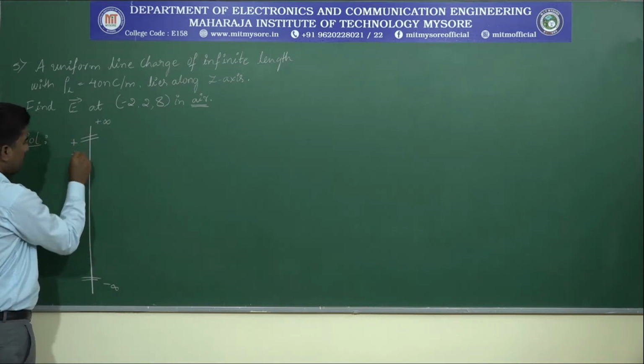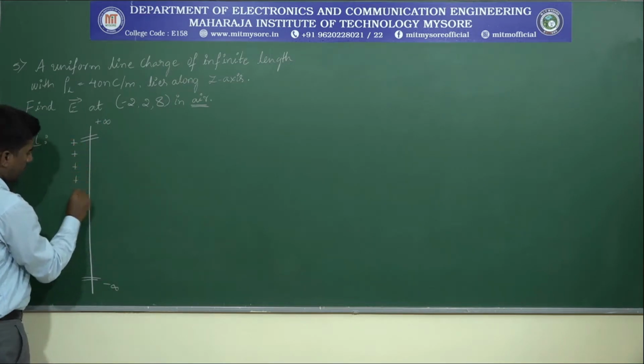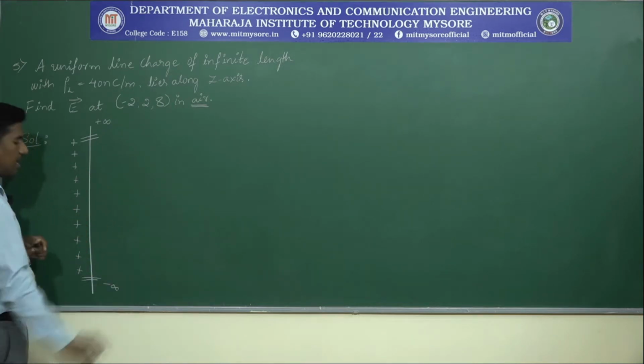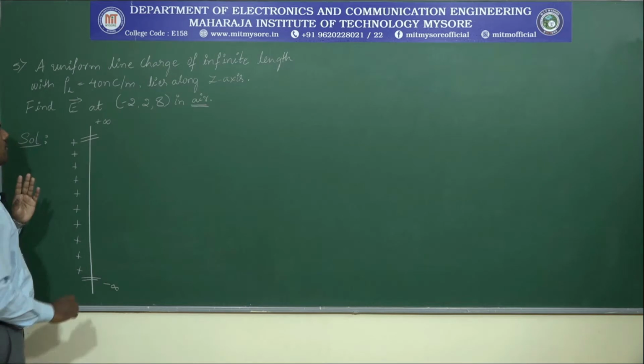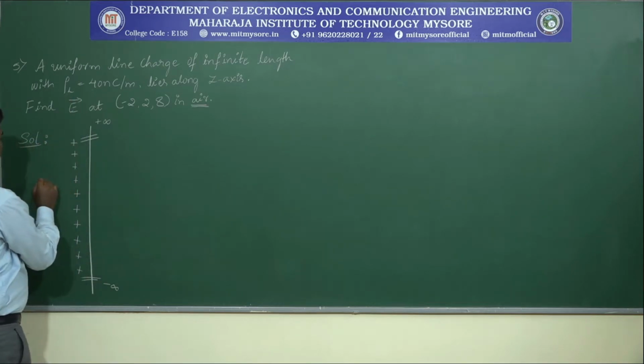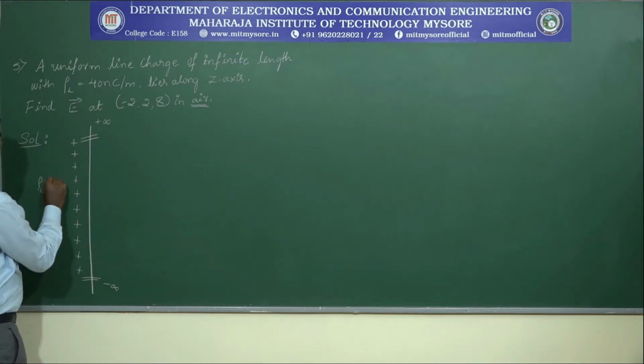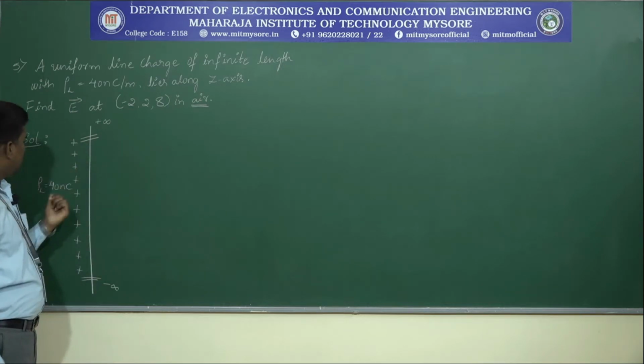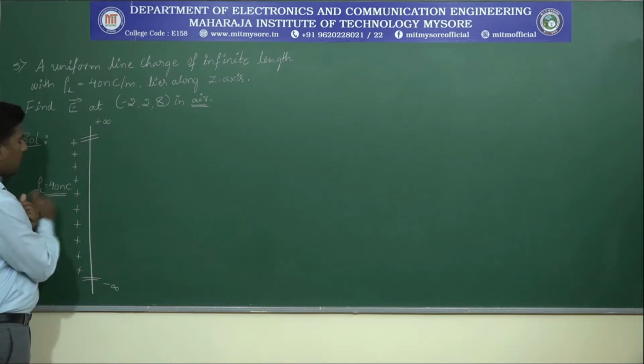Let us take a positively charged line along the z axis, with line charge density rho L equal to 40 nanocoulomb per meter.